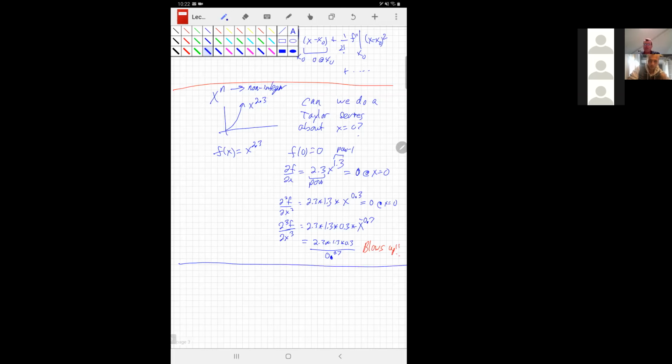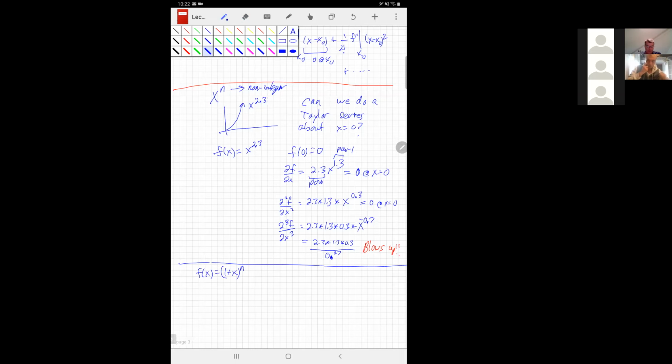But something that we can do the Taylor series for is (1 plus x) to the n. So let's say that f of x is (1 plus x) to the n. All right.